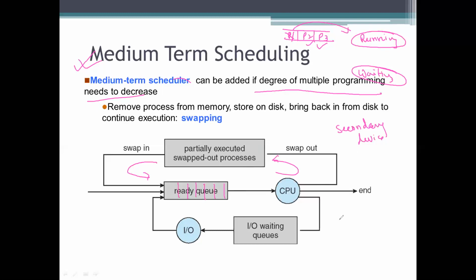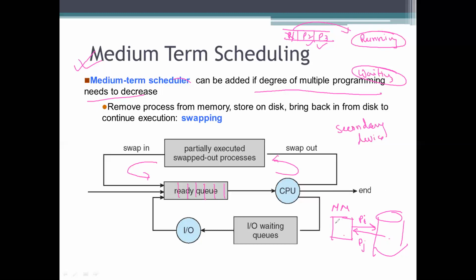So what is it doing over here? This is our main memory and this is our secondary memory. If there is not a good mixture of IO bound and CPU bound processes, that means all processes are either IO bound or CPU bound, then the mid-term scheduler sends a process Pi, or a set of processes, from the main memory to the backing store, and it brings another type of process, let us say Pj, from the secondary device to the main memory.